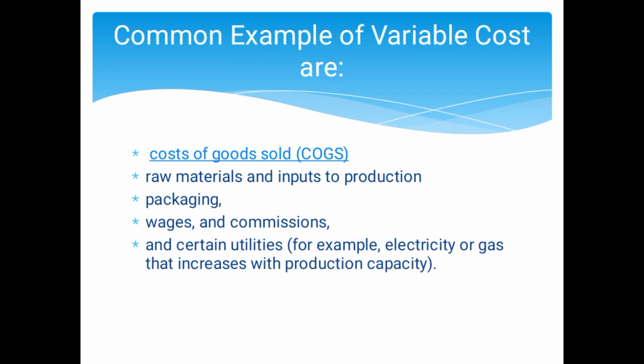Here are common examples of variable costs: cost of goods sold, raw materials and inputs to production, packaging, wages and commissions, and certain utilities, for example, electricity or gas that increases with production capacity.